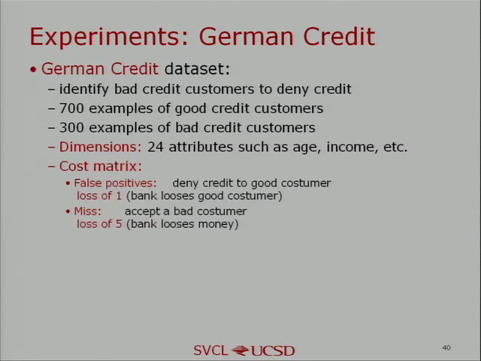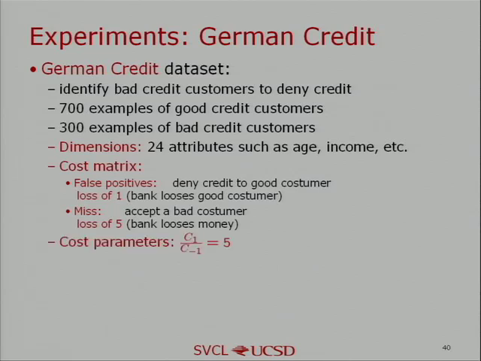The interesting thing is that here the cost matrix is actually defined in the problem, because if a good credit customer is denied credit, the bank has a loss of 1, meaning that the bank loses a good customer. Whereas if you give credit to a bad customer, the bank suffers a loss of 5, meaning that the bank loses money.